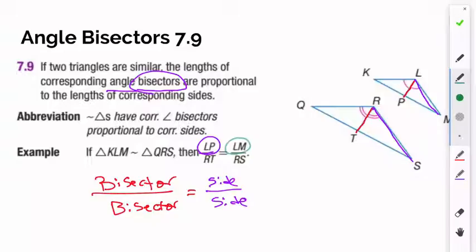So you could say bisector of triangle 1 over side of triangle 1 is going to be proportional to bisector of triangle 2 over side of triangle 2. So make sure you keep those straight when you're doing this.